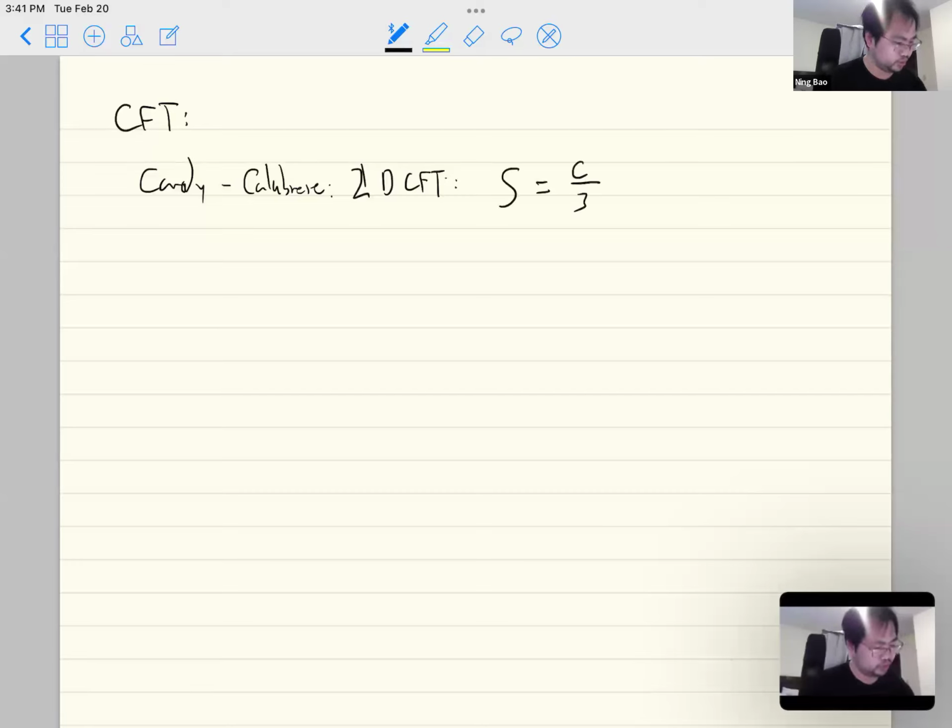If we just concern ourselves with CFT, then Calabrese and Cardy give us in 1D CFT, or 2D CFT I guess, the so-called Calabrese-Cardy entanglement entropy formula, which says that the entanglement entropy of some region A that has some characteristic length L is given by this form.